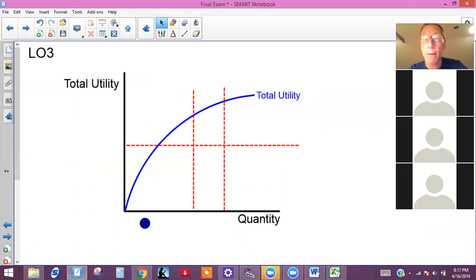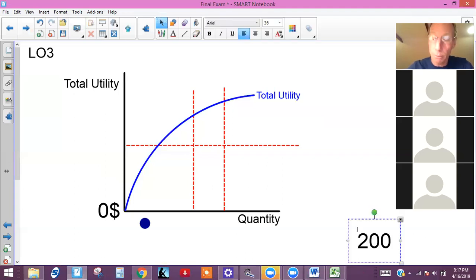If I have $0 and I'm totally broke, I am poor. I have nothing. And somebody says, I'm going to give you $200,000. Just, and I don't have anything. I have nothing, no house, nothing.